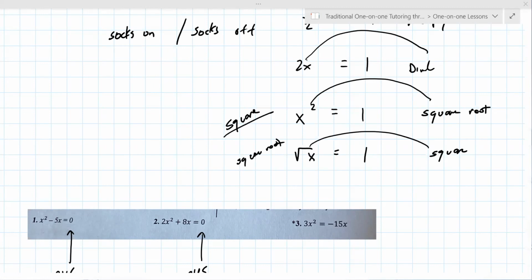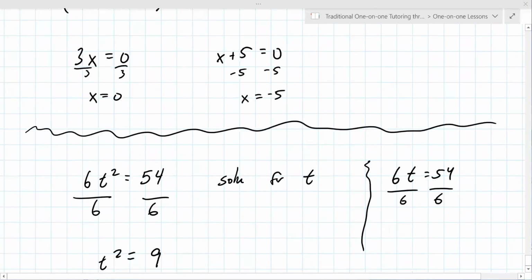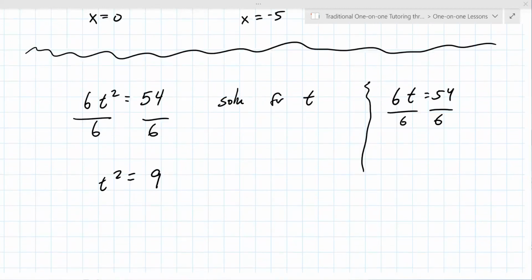Oh, right. Okay, yeah. So you have to use a square root in order to get rid of it. Could you scroll back down to that one, please? Sure. Thank you. T squared equals 9.